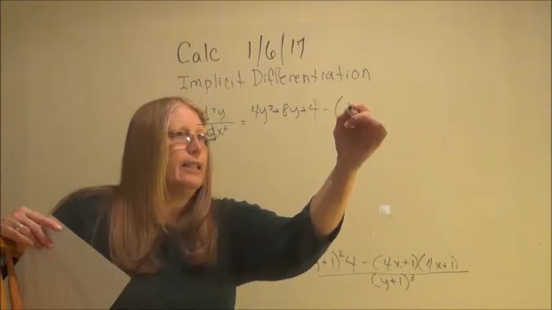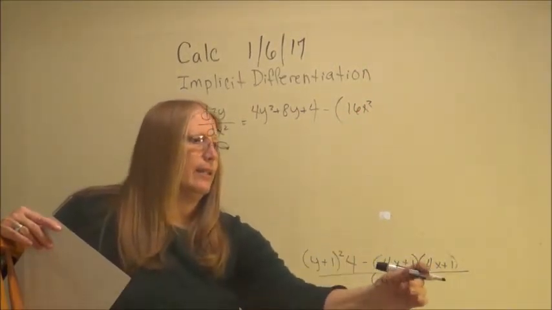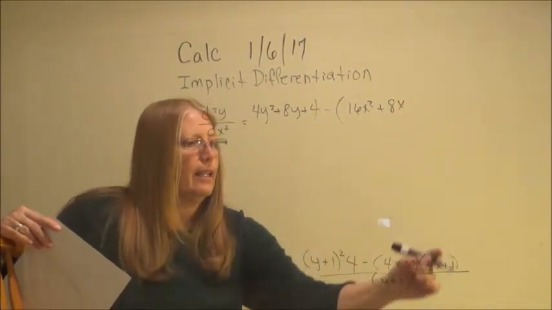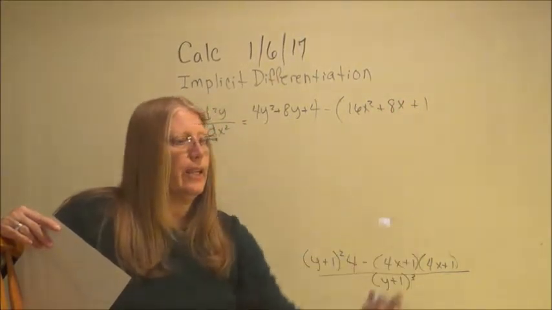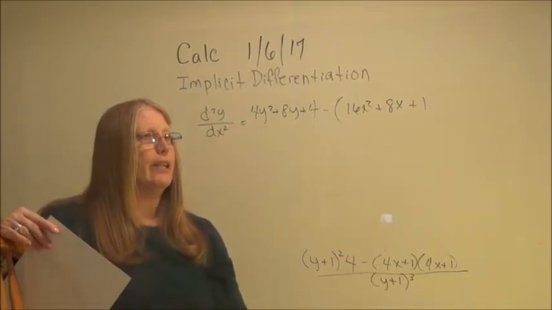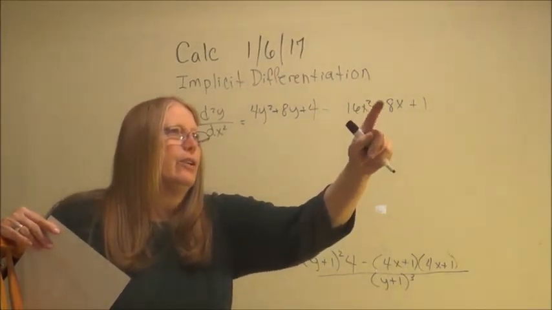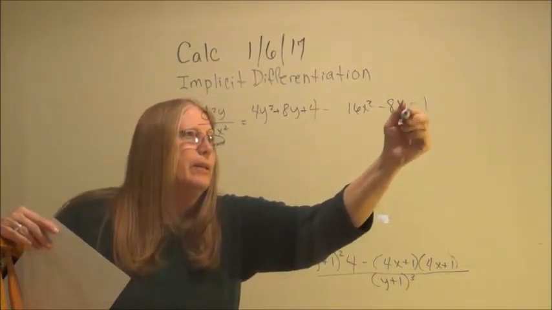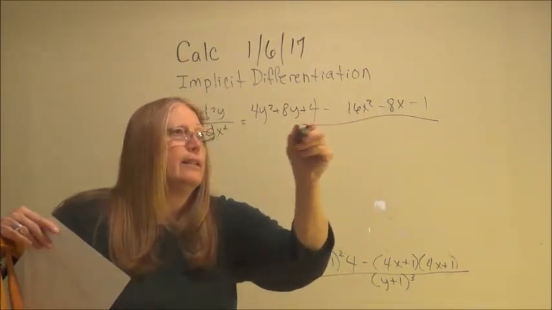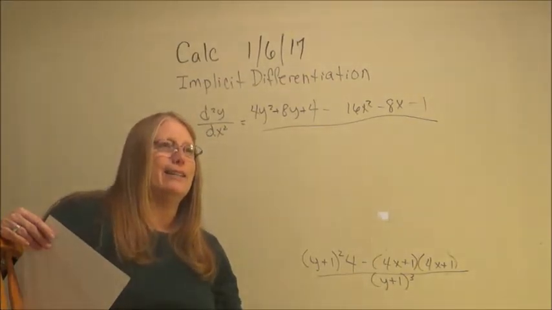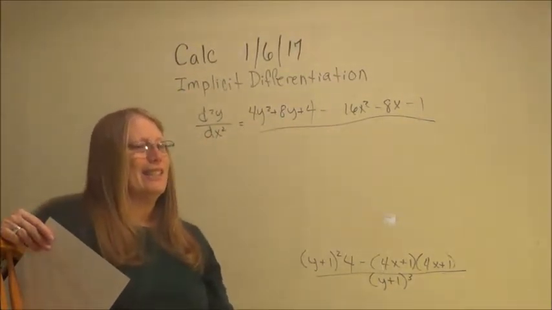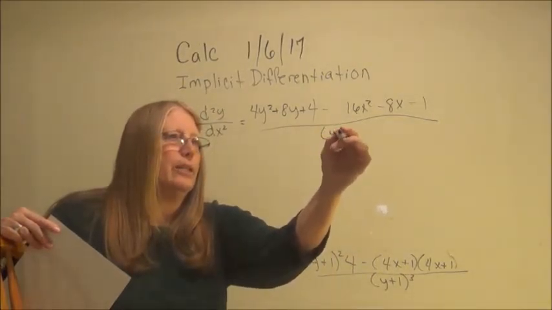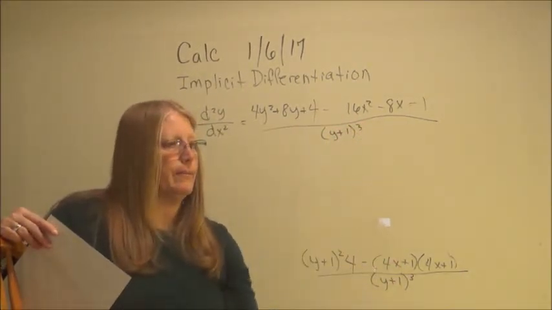We get 16x squared. We get 4x and 4x, 8x, and a 1. All that is multiplied by this negative sign, so I'll change all the signs as we go. Distributing the minus sign, I'll come back and combine like terms in a minute. On the bottom, I'm going to leave y plus 1 quantity cubed.